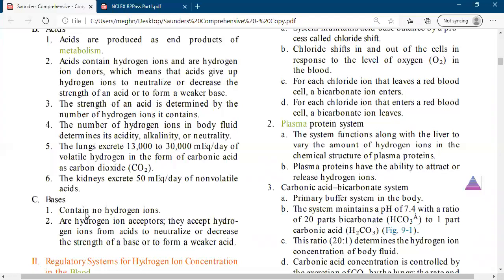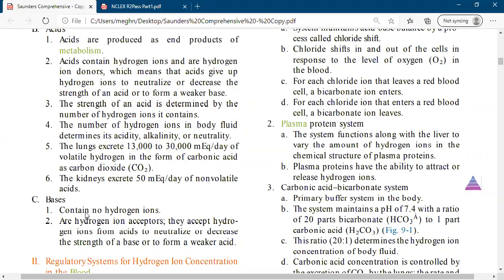I said chemical reaction is important to produce energy, but this chemical reaction is possible only in the presence of enzyme. Enzyme is a protein. It is active in neutral pH.